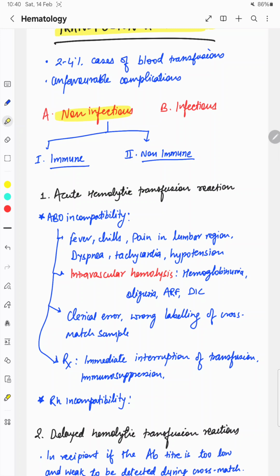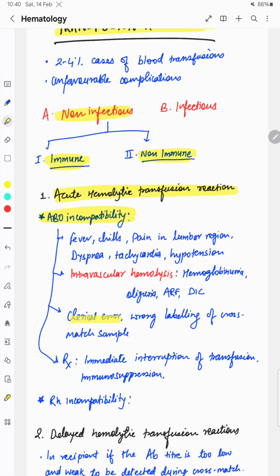In non-infectious transfusion reaction, as we have discussed, immunological and non-immunological transfusion reactions are there. In acute hemolytic transfusion reaction in immunological transfusion reaction, the most common is ABO incompatibility, which is the result of ABO incompatible blood being transfused.